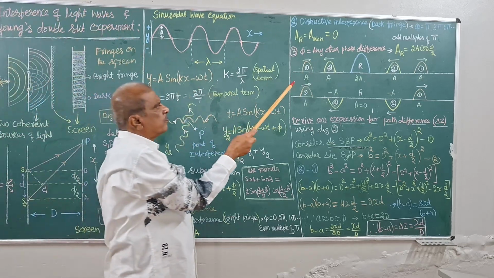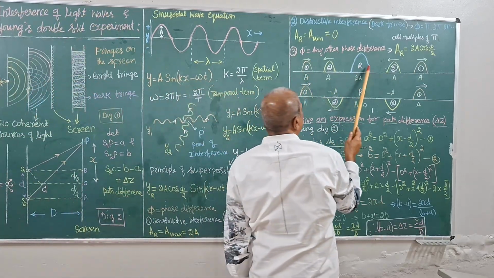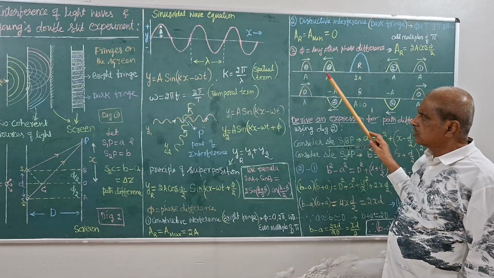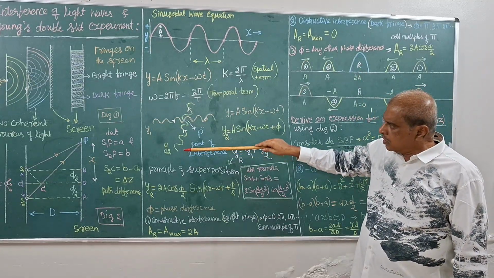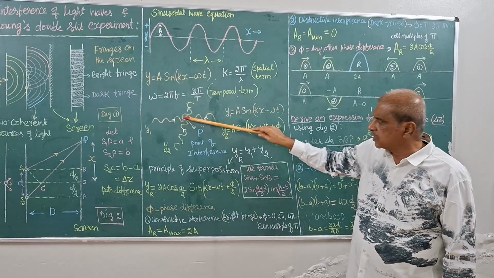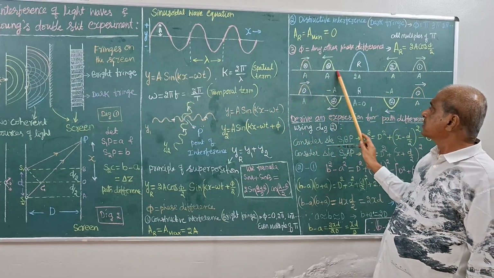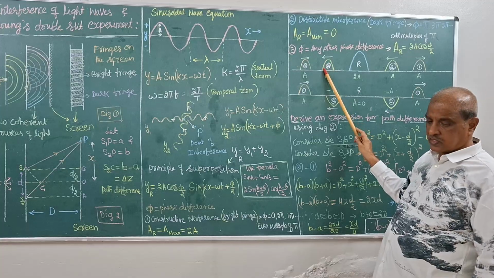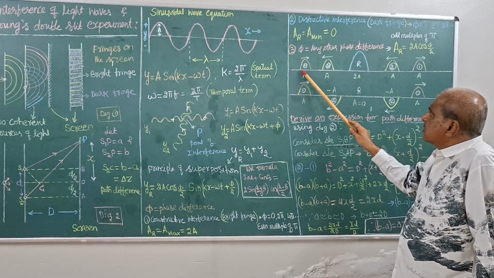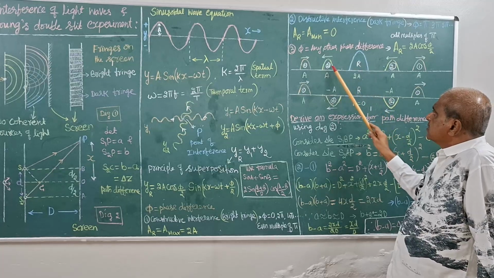That is the pictorial representation of the resultant amplitude. Here the waves are traveling in different directions. This is in this direction, and this is in that direction. But here I am taking only half a crest, half a wave. The waves are traveling along one line but in opposite directions. One wave travels in this direction, the other wave in the opposite direction.